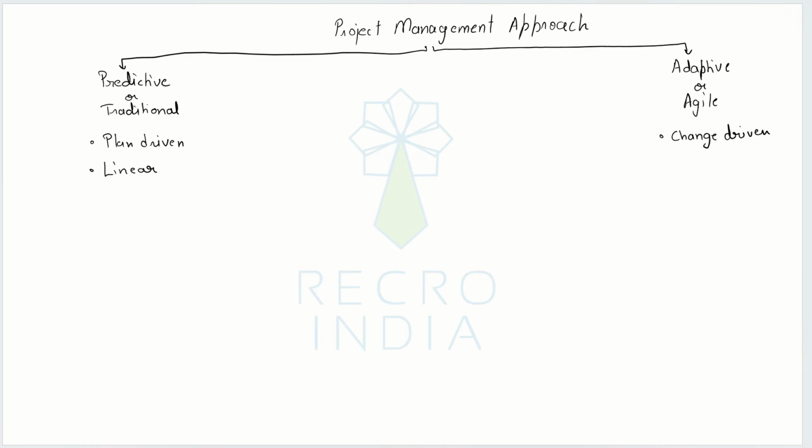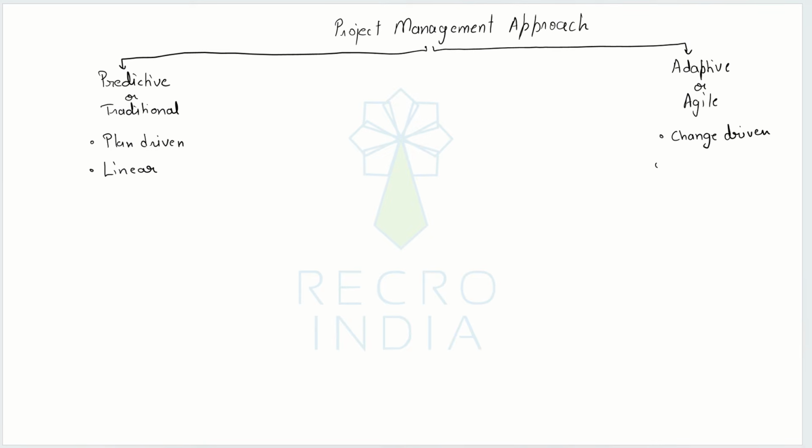Then once that's concluded, then there will be a proper design phase. Then after that, maybe there will be a procurement phase, then the construction phase, and then the handover. So the final output is delivered towards the end of the project.